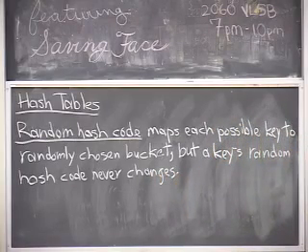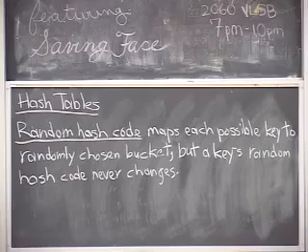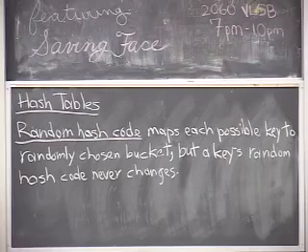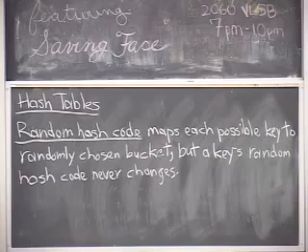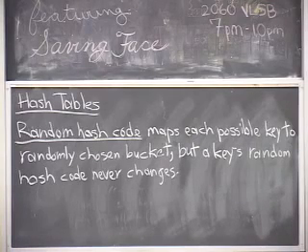The reason we haven't used actual random hash codes in this class is because it's really hard to implement that. It's not completely impossible, but it's really hard to figure out how to do it. There is a number theoretical trick called universal hashing, which will allow you to generate a random hash code, though it doesn't allow you to choose out of all possible random hash codes, but it allows you to choose from a subset of random hash codes where they can prove that it's just as good as if you could choose from every possible random hash code.